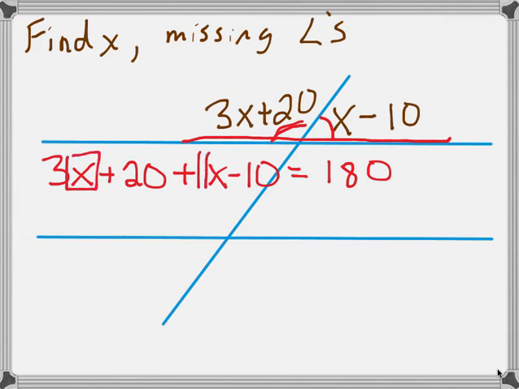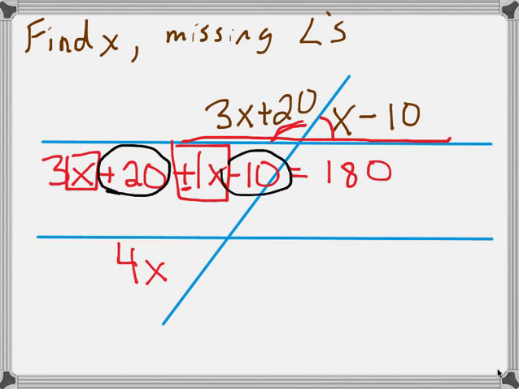We're going to combine like terms, okay? So I got 3x plus 1x. Always box in the sign in front of the number. That way I know whether to plus or minus. 3x plus 1x is 4x. Let's use a different color here. Positive 20, be careful with signs, minus 10, okay, that is plus 10, and that equals 180.